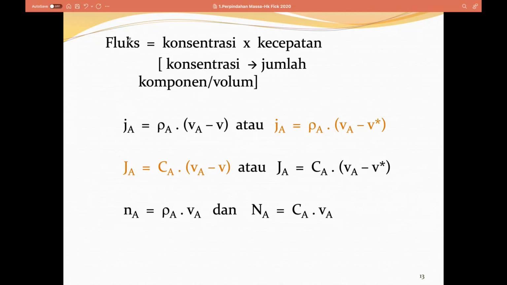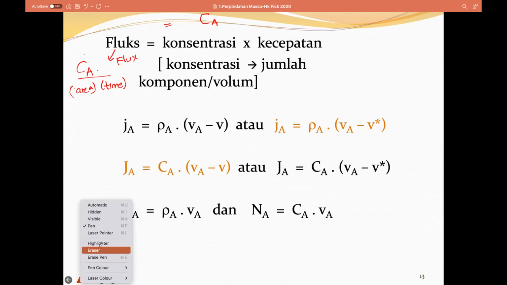So the flux is actually the number of moles, let's say Ca, divided by time, divided by area. That is flux. Sorry, this one is not concentration, it is actually the number of moles.